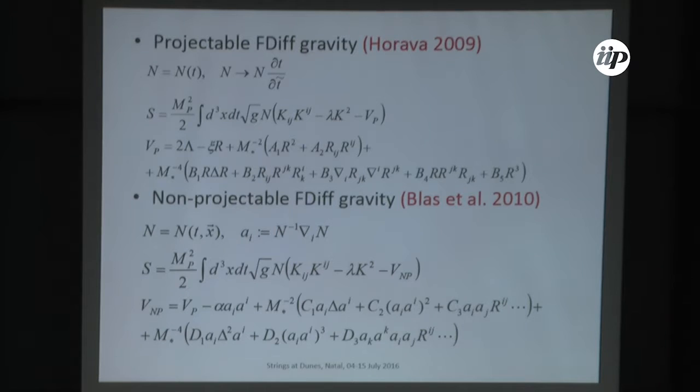With 100 parameters, I can fit almost anything. So my primary motivation was, can we suggest some guiding principle to restrict this number, this parameter space? Plus, on top of this, there is a problem how to couple this to matter.